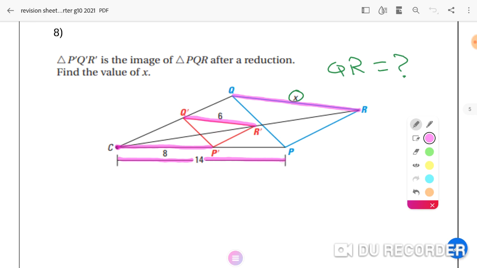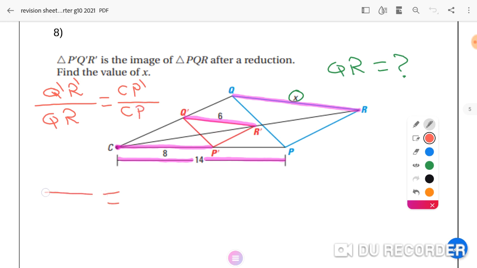So we can apply this proportional relationship, okay, which is let's say Q prime R prime over QR must equal the image length, which is C P prime over CB.